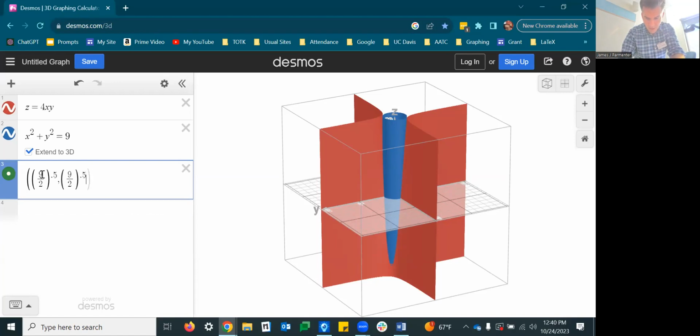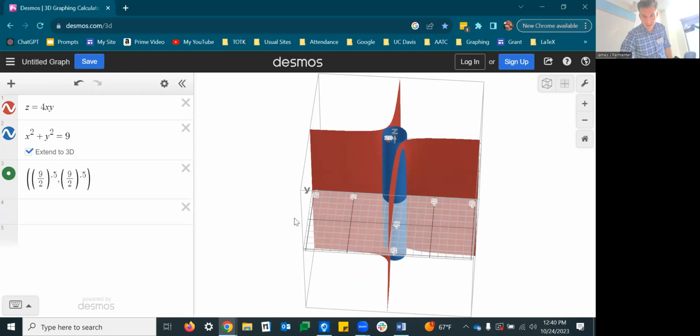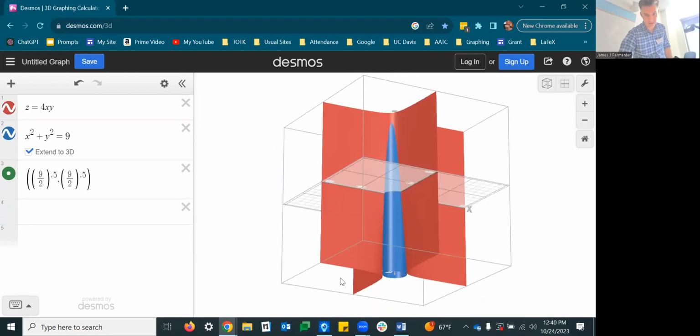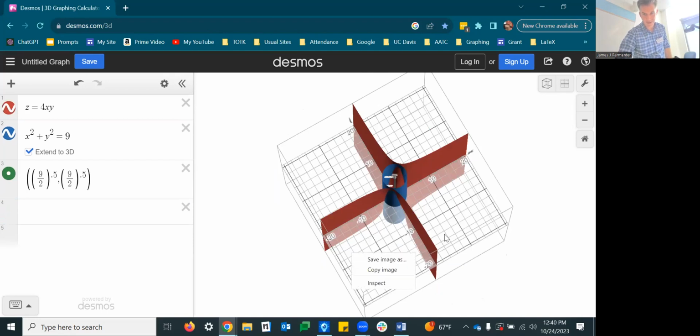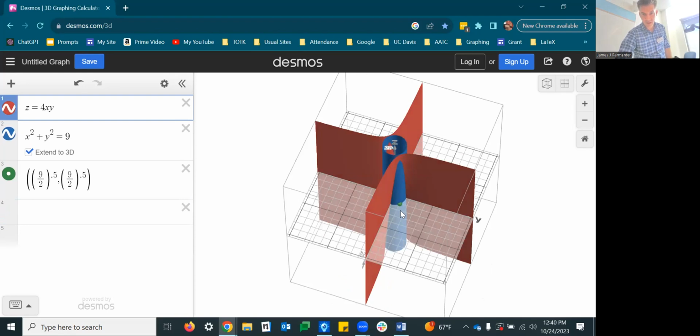Will you show me where that point is? Let's see here. It should be where they're both positive. Look, there's that point.